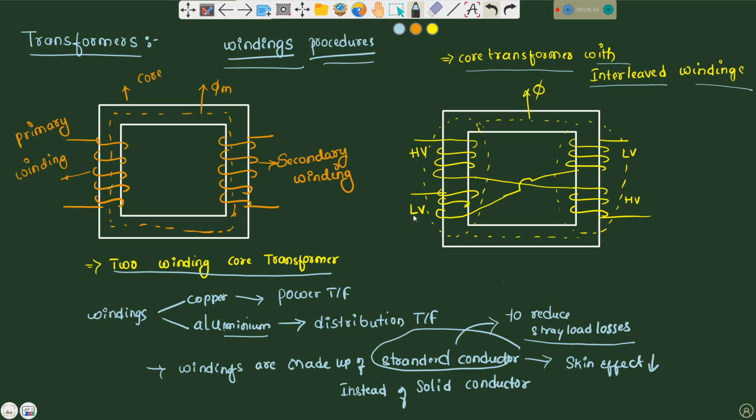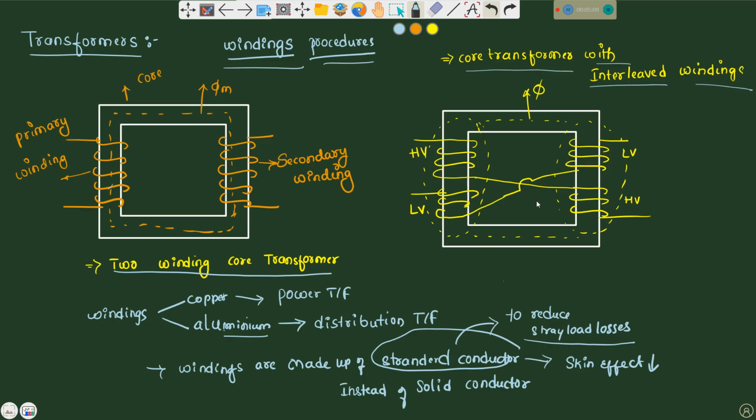The main purpose of using interleaved windings is to reduce the magnetic leakage flux. Here we are making two equal parts of LV and HV and placing them on different limbs.